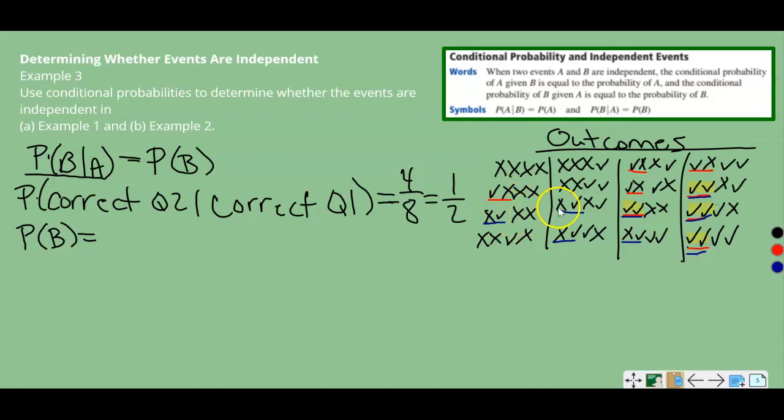So 1, 2, 3, 4, 5, 6, 7, 8, out of the total 16. So 8 over 16 reduces to 1/2. So that is the probability of B. The probability of B given A is 1/2, and the probability of B is 1/2. So these are independent events.